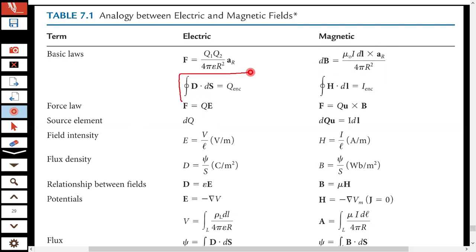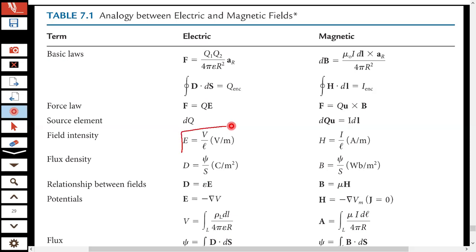And this equation is our Gauss law for electric fields. Similar to that, we have Ampere circuital law for magnetic field. Electric force can be written as Q times E vector. Magnetic force can be written as Q times velocity cross B vector.